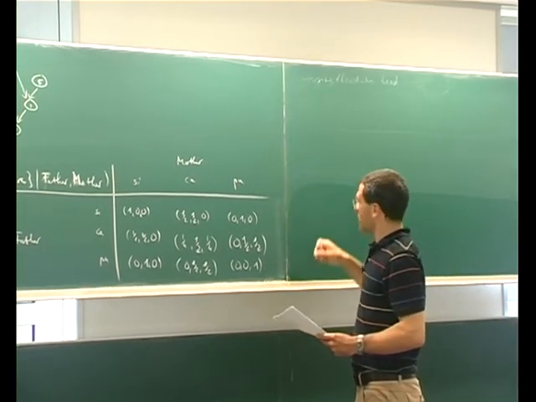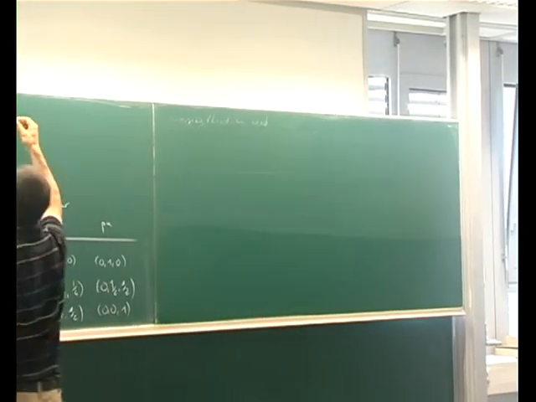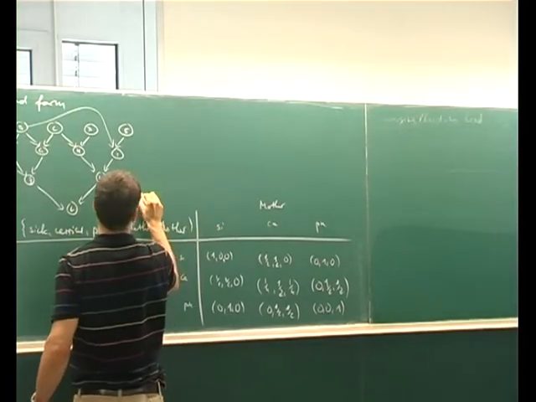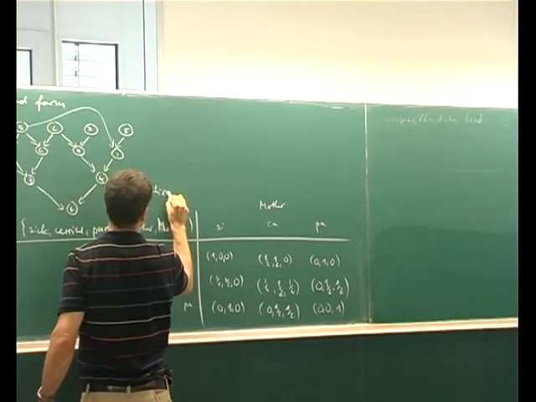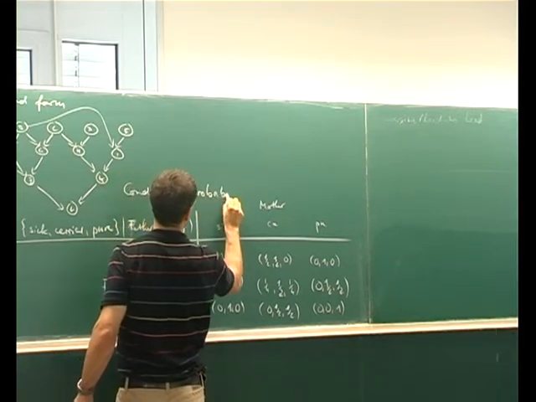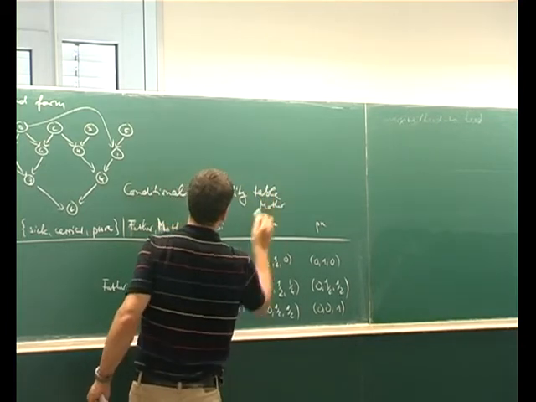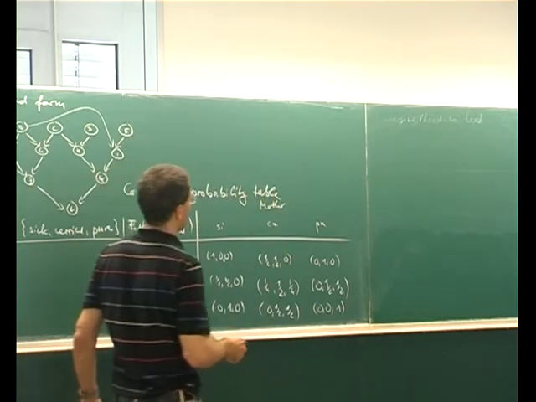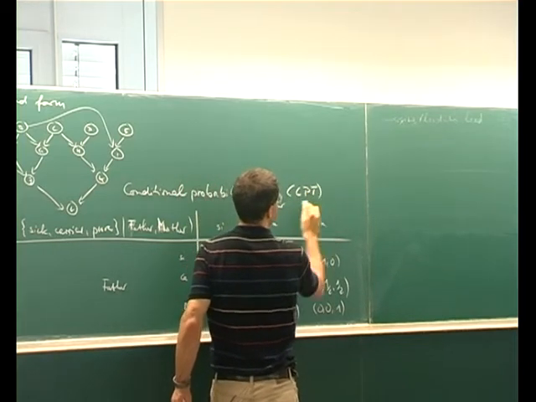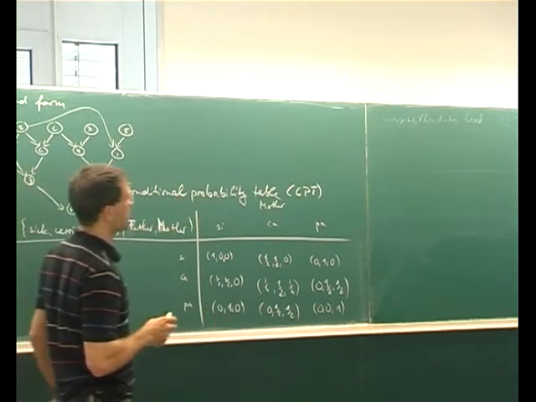Now, this is a conditional probability table. And these are so important that in this field of graphical models they're sometimes abbreviated as CPT.